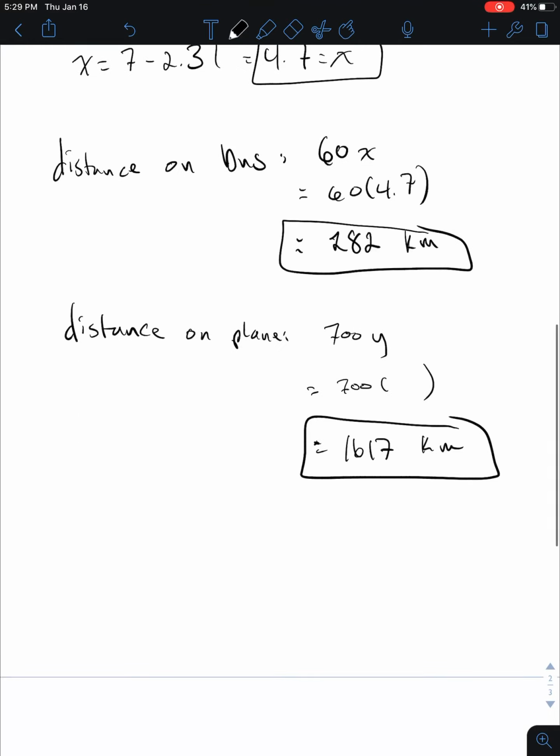And then those two added together better be 1900. Okay, so we rounded someplace. So our answer, when I add the two together, is 1899 kilometers.